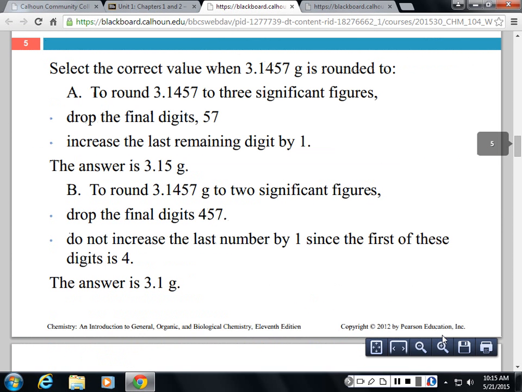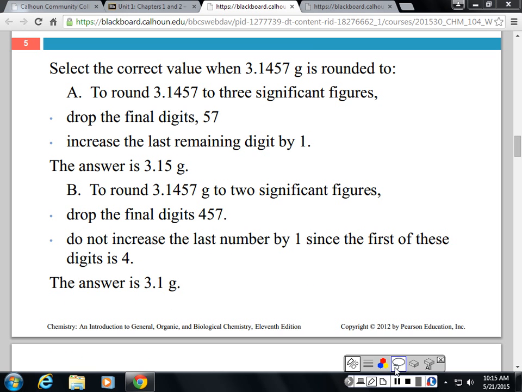I'm going to look down here. It shows the answers, but I'm going to show you how to get there. We want to round first to 3 significant digits. There's my 3rd. Next door I have a 5, which means that I have to round up to 3.15 grams. I can't forget my unit there of grams.